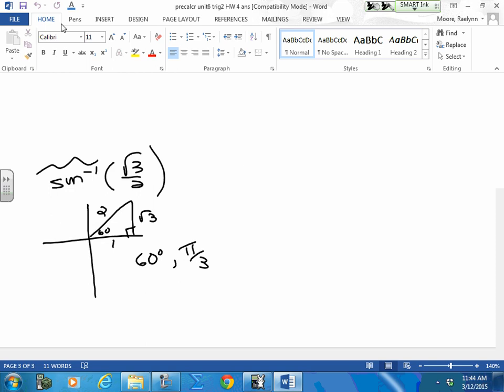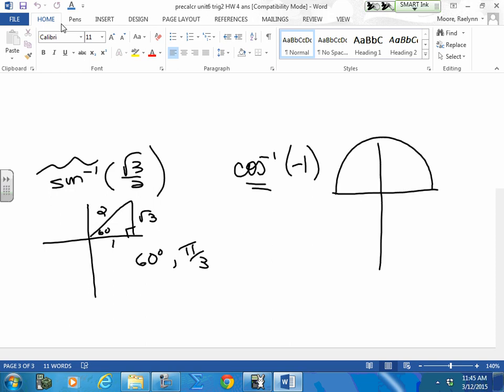Now the second one says, find me a restricted cosine angle, an inverse, that has a cosine of -1. So I know my cosine goes from 0 to 180, and write all your restrictions once at the top of your paper. The cosine is my x value.